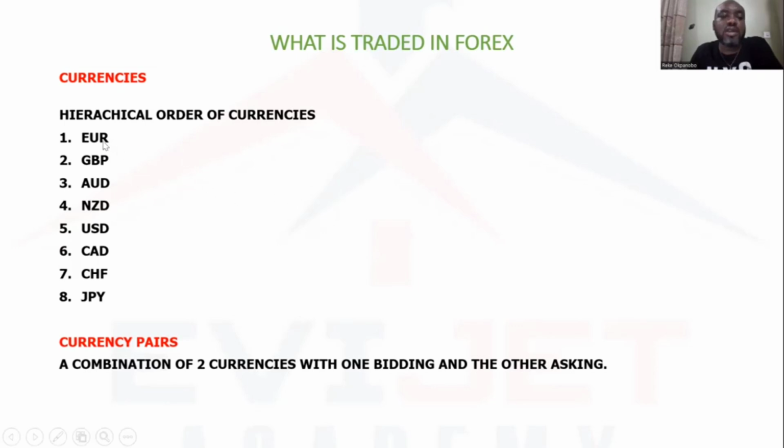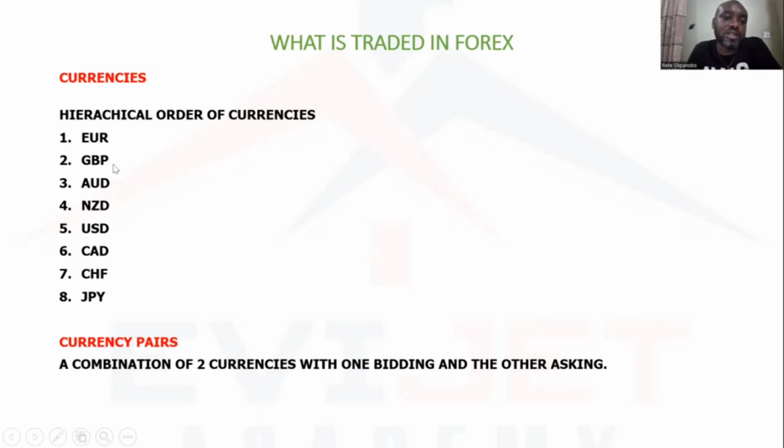So the 8 major currencies are the euro, the GBP, the AUD. Now the euro is for the Eurozone, right? Talking about Germany, Switzerland, Paris, name them, all the European countries, they use the euro.